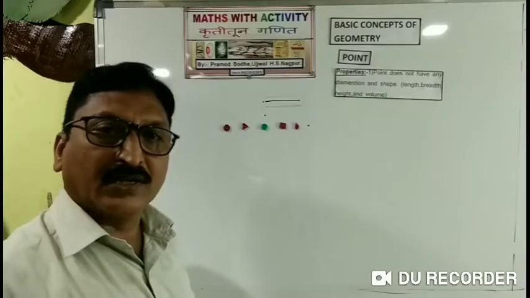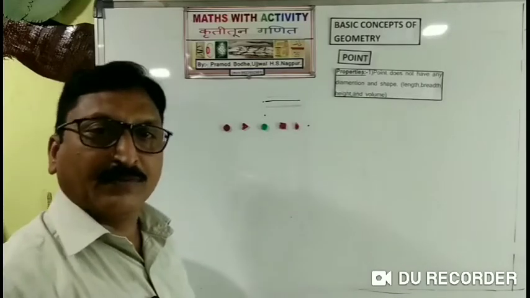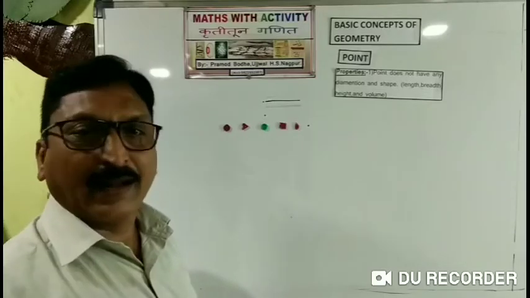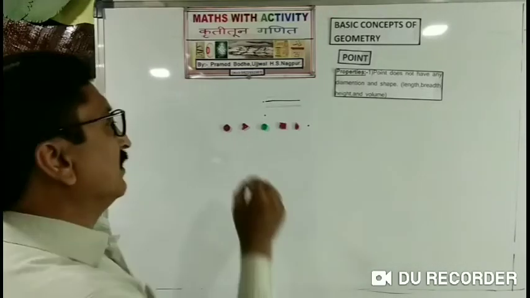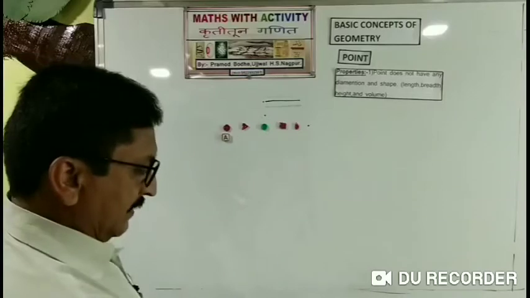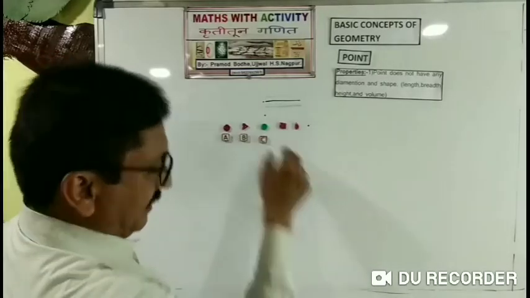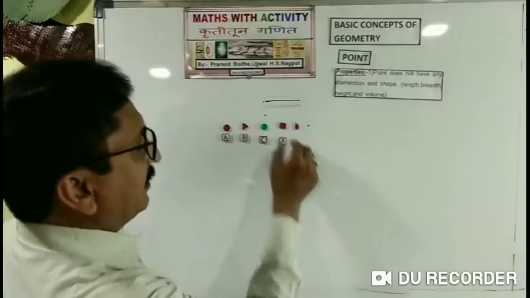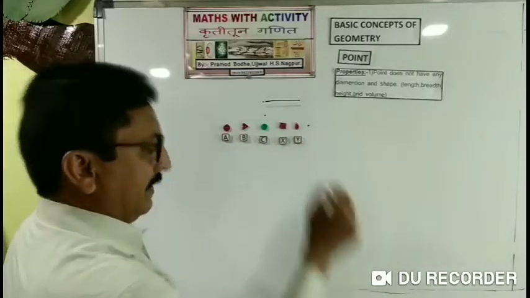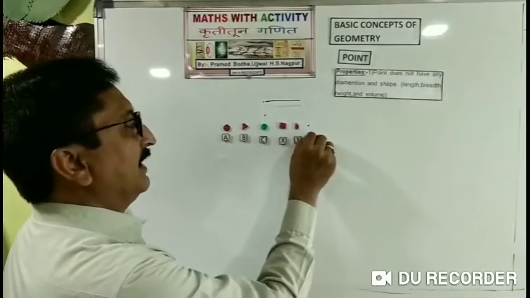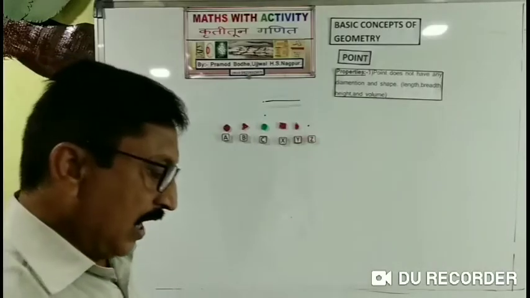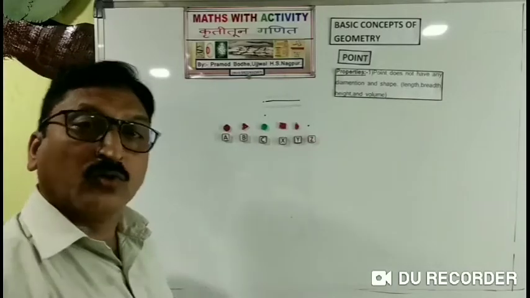One thing you have to listen to: while writing the name of the points, there must be a capital letter of the English alphabet. Therefore I keep here A, say B, C, X, Y and Z. Now how to read them and how to write?